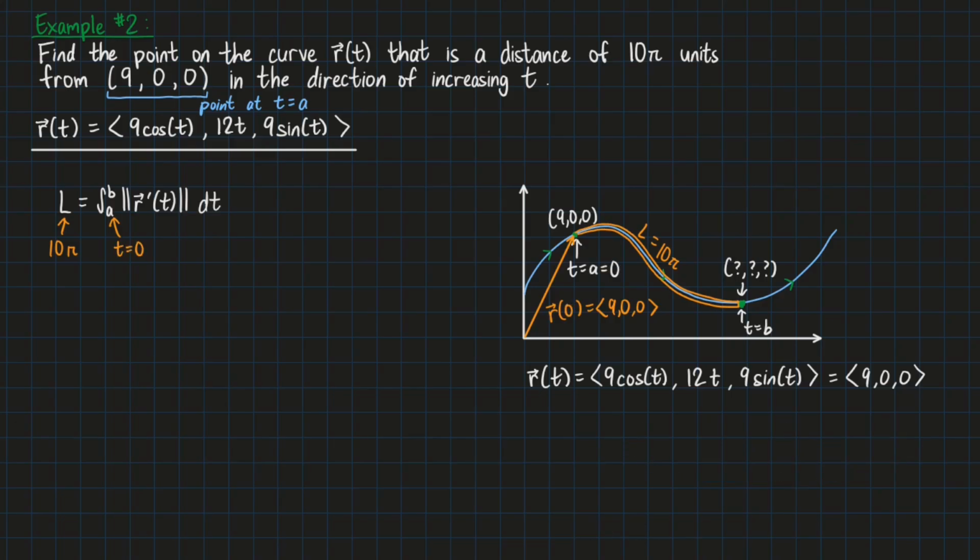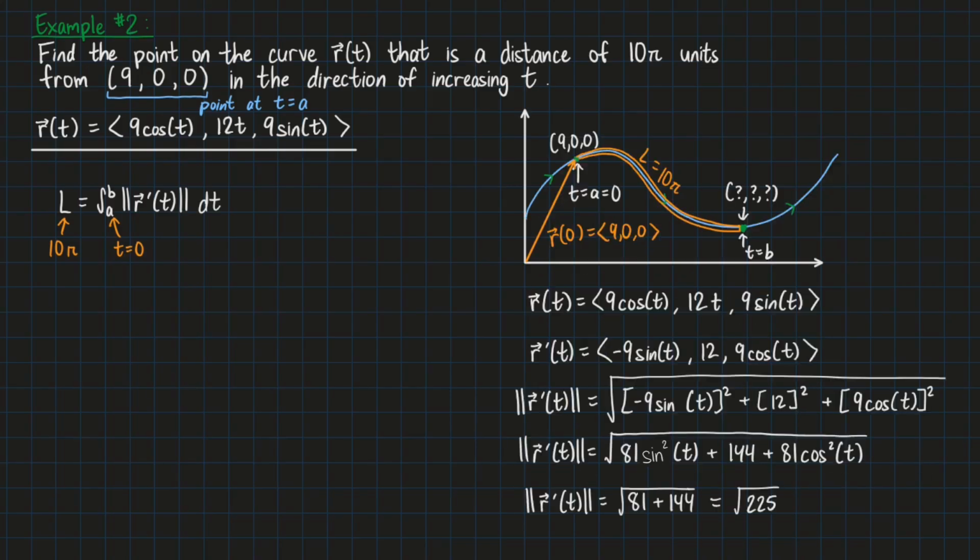Now let's get the magnitude of r prime of t. So r prime is going to be negative 9 sine of t, 12, and 9 cosine of t. And then the magnitude of r prime of t ends up being 15. So let's go back to our arc length formula. L is 10 pi.